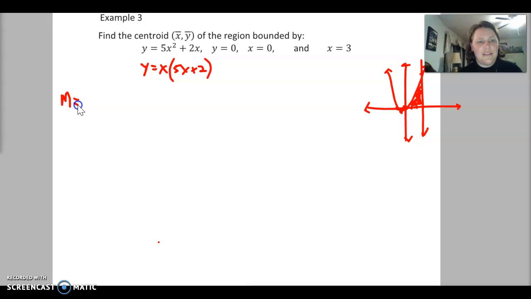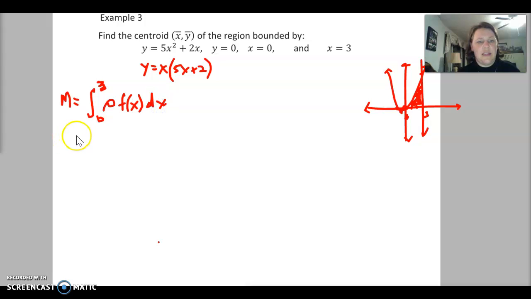the total mass, our total mass is equal to rho times the area. So to find the area, we're going to take the integral from, in this case, 0 to 3, that's our x values, of rho times f of x times dx.